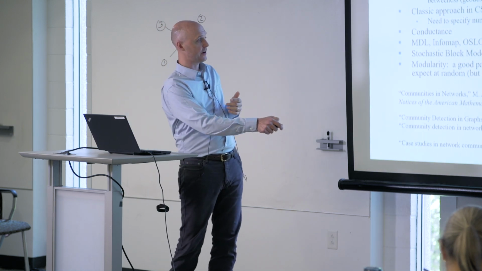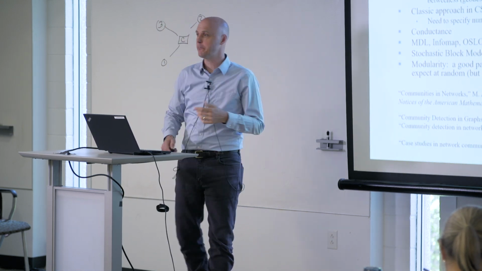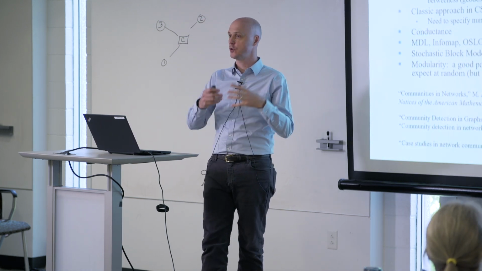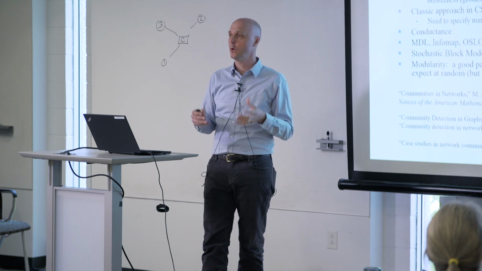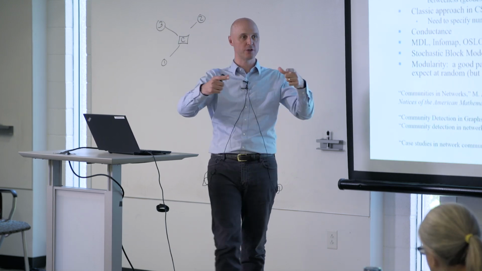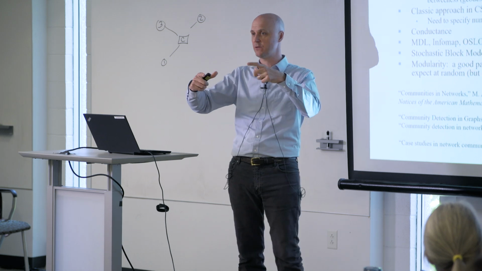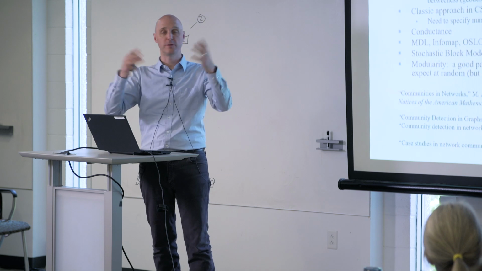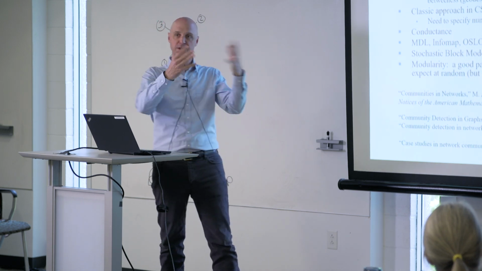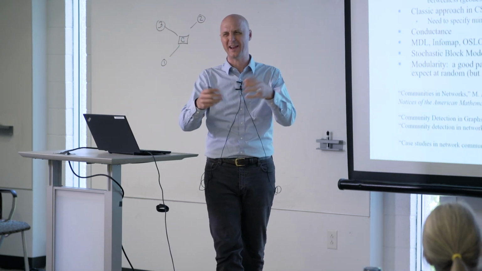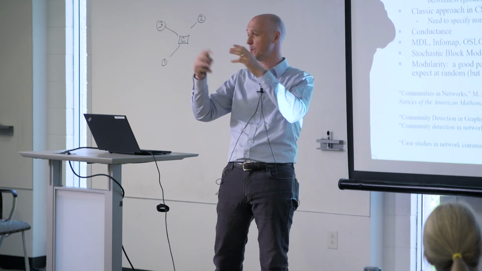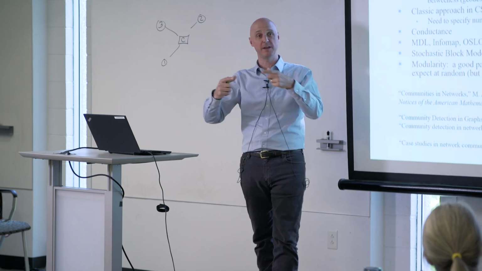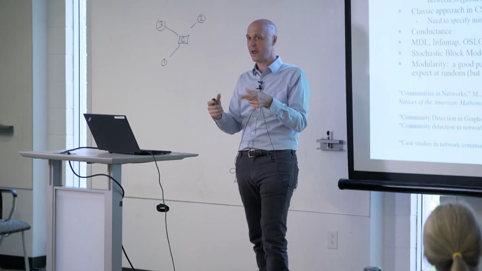And the notion of modularity down here is simply, in words, that a good partition of your nodes into communities would be one for which you have a much larger within-community total edge weight than you would expect at random. Sort of a beautifully phrased sentence, right? You have much more within-group edge weight, and I use the words community, group, cluster, whatever, interchangeably here. You have much more within-community edge weight than you would expect at random.